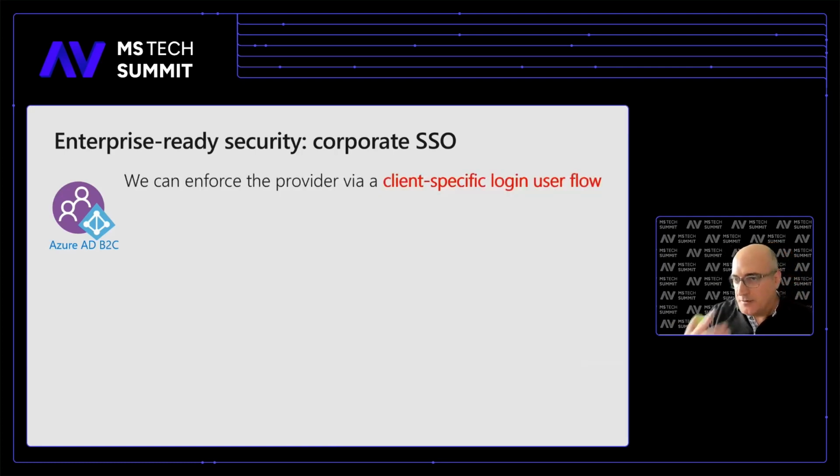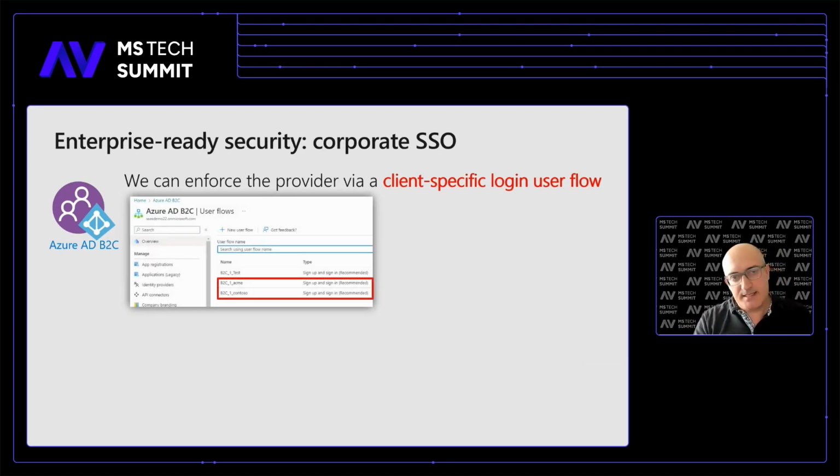Then the second feature we need to use is called user flow. We want to enforce the usage of a particular identity provider depending on which URL I'm accessing: Acme, contoso.enterprisechat.co.uk, etc. And user flow is exactly this thing. It defines what the flow for the login is.